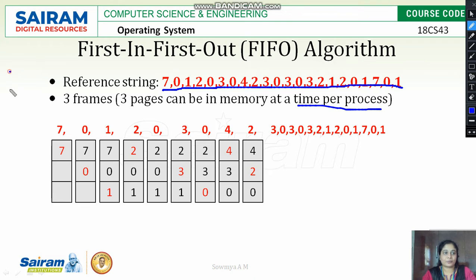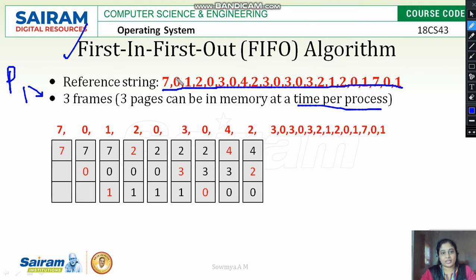Say I have a process 1 and this is the page sequence to be executed, and process 1 is given only 3 frames in the main memory. Using these 3 frames, with the help of the first in first out algorithm, we have to replace the frames. How does it work?